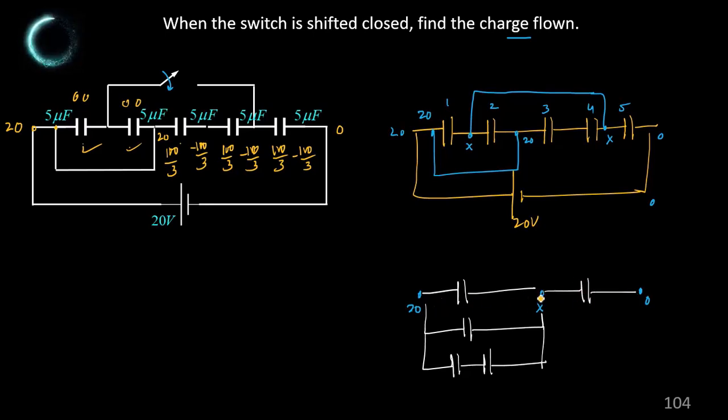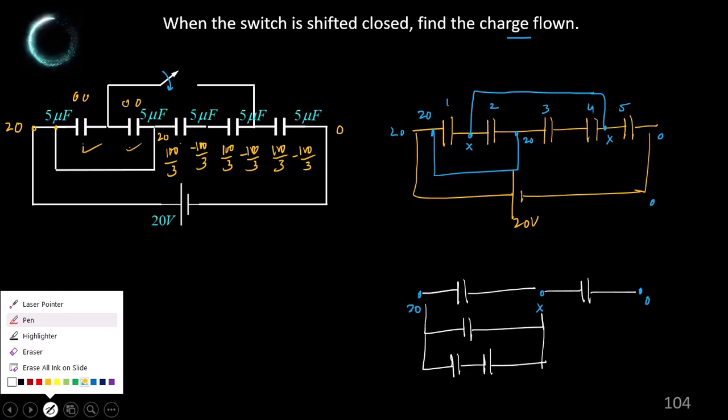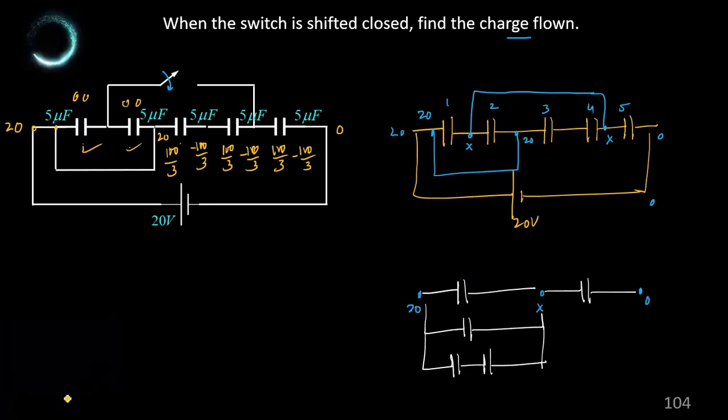Now again, you have to identify the value of X. For identification of the value of X, I identify the isolated plate system, like the earlier situation, at this plate, this plate, this plate, and that plate. Let us say here the charge is Q1, here Q2, here Q3, and here Q4.